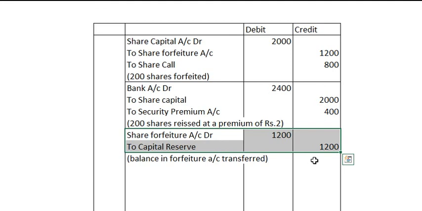When shares are reissued at discount, the discount amount will be adjusted against the forfeiture, and after adjusting the discount, the balance will be transferred to capital reserve. So now we have completed the three cases of reissue: reissue at premium, reissue at discount, and reissue at par.